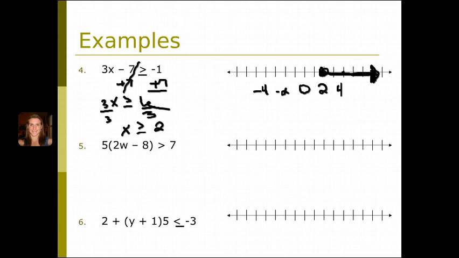In our second example, we need to distribute. It's our first step, just like we would if we were solving an equation. So we've got 10w minus 40 is greater than 7. Add 40 to both sides.